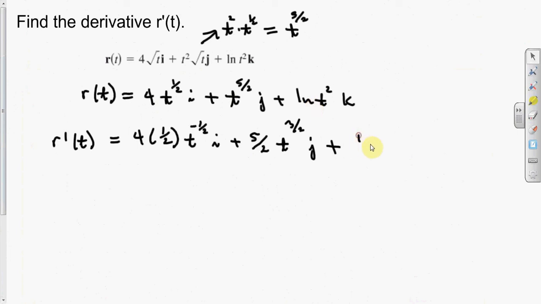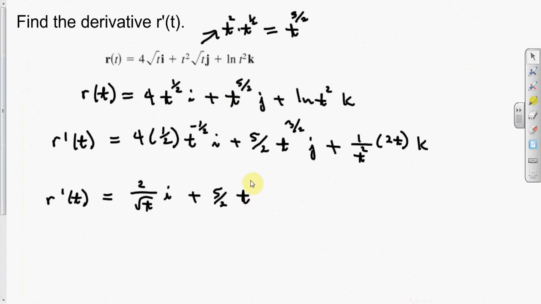So this guy becomes 1 over t squared times the derivative of t squared. That's just 2t, and that's times k. Then we just simplify everything. So we have r prime of t is equal to 2 over the square root of t i plus 5/2, just leave that as t to the 3/2 j plus 2t over t squared, which is just 2 over t, times k.